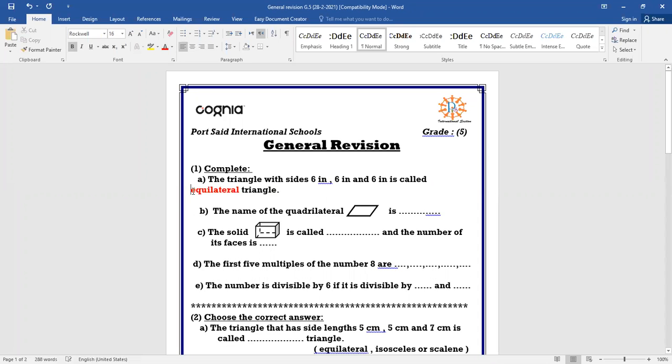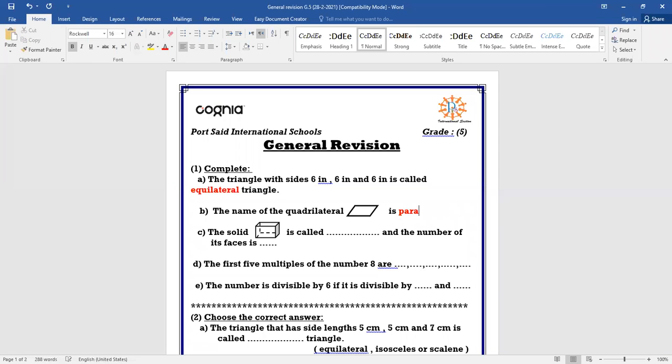Exercise number 2, number 1B: the name of the quadrilateral. What is the name of this quadrilateral? Yes, Yasser. Parallelogram.